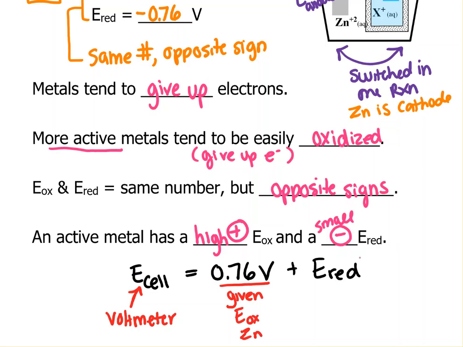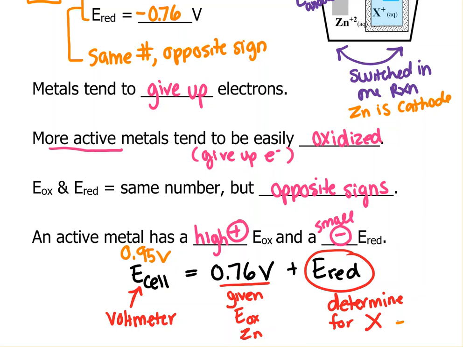And this is what you're going to determine for whichever metal you're dealing with. So let's just say you read 0.95 volts on your voltmeter, and then you know this is 0.76. So then in this case you would say it's 0.19, just subtracting.